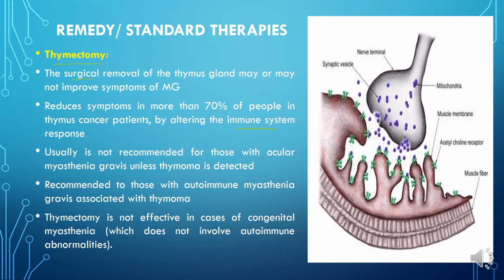We know that this is an autoimmune disease, so there is an abnormal immune response, but by surgical removal of the thymus, this altered immune response can be corrected. However, if there is congenital myasthenia, which is not an autoimmune disease and is due to some other cause, then thymectomy is not that effective.